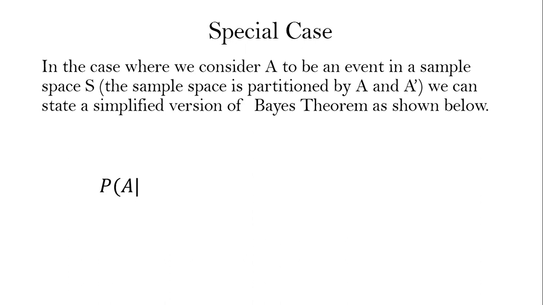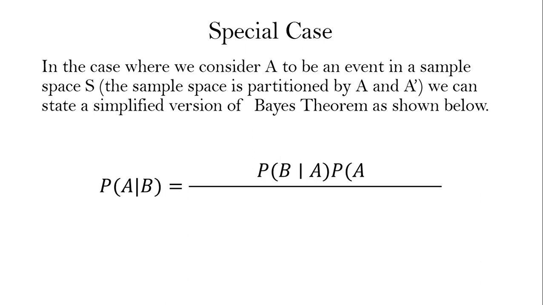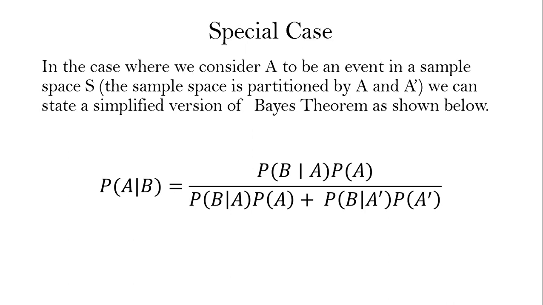So using our equation, the probability of A given B shall now be the probability of B given A times the probability of A, over the probability of B given A times the probability of A, plus, instead of the second event, the probability of B given A complement times the probability of A complement.